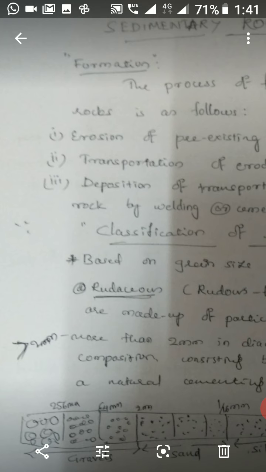Sand size is from 2 mm to 1/16 mm, and silt is 1/16 mm to 1/256 mm. Below that, less than 1/256 mm, is called clay.